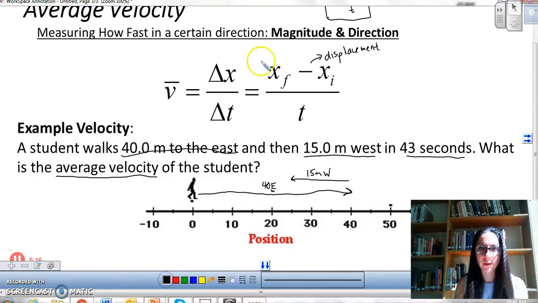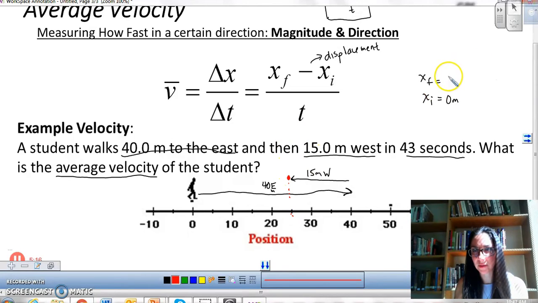So when we're calculating the velocity, I need to know the final and initial position. So I'm going to write that on the side right here. Okay, I started at 0, so 0 will go here. And where did I end? I ended right here, which is, as you can see, 25. So I'm going to write that here.